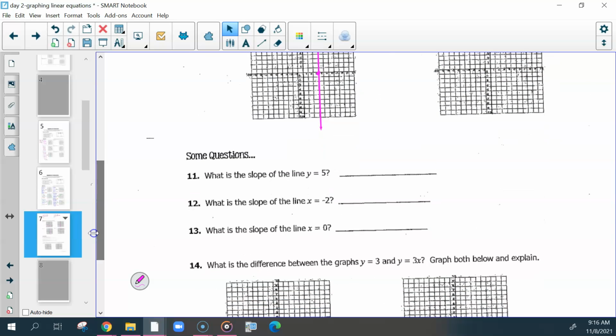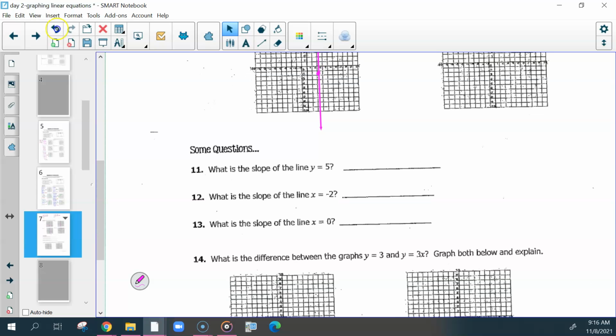And then here are some that relate back to these, but also slope questions. You can use your graphs if you need to. What would the slope of y equals 5 be? That would be a horizontal line, but the slope would be 0, yes.